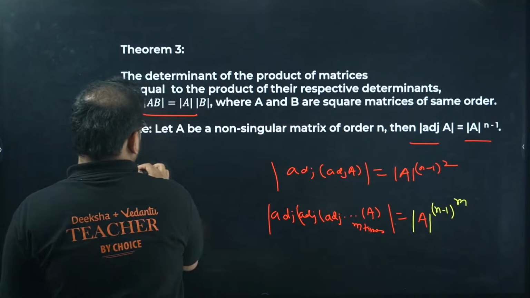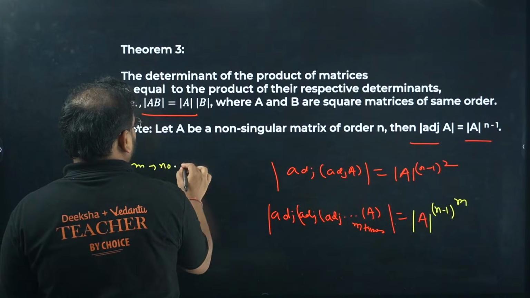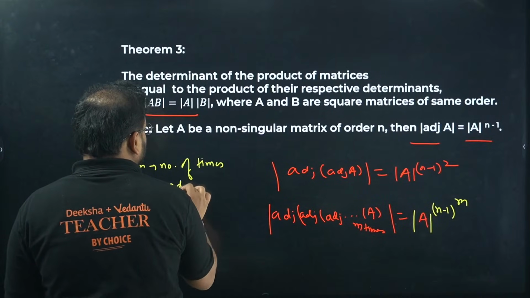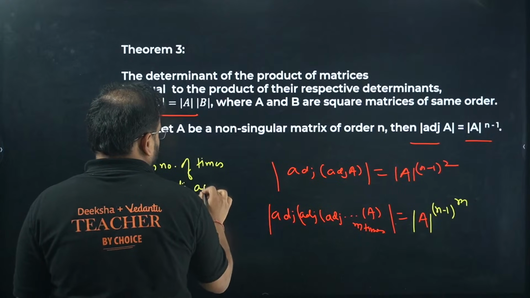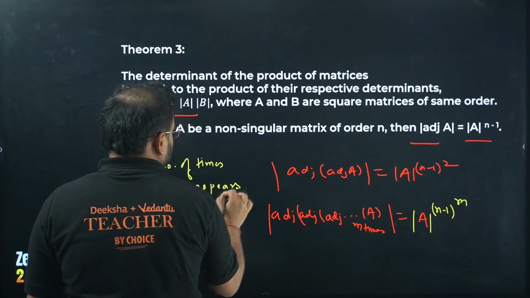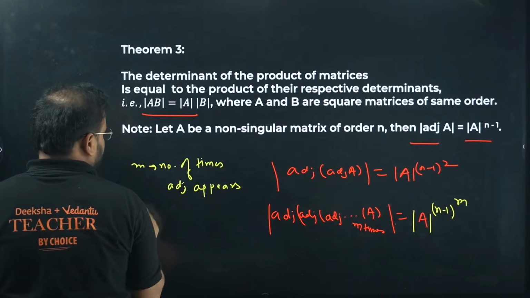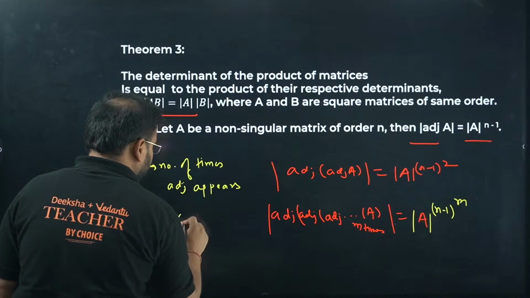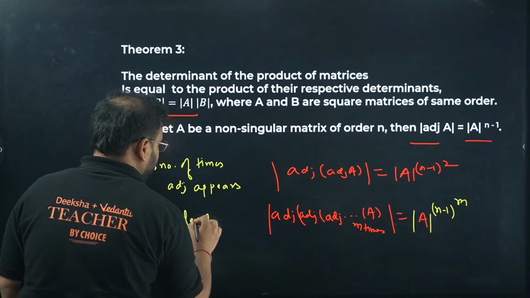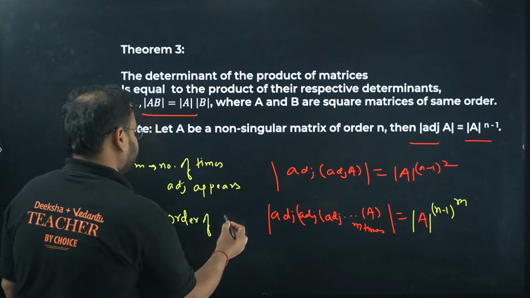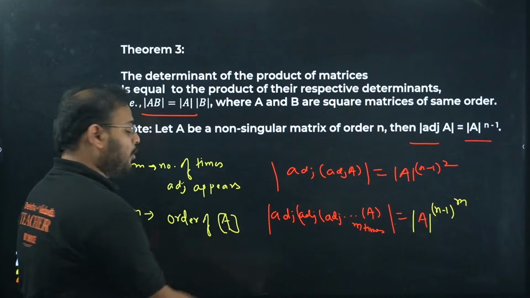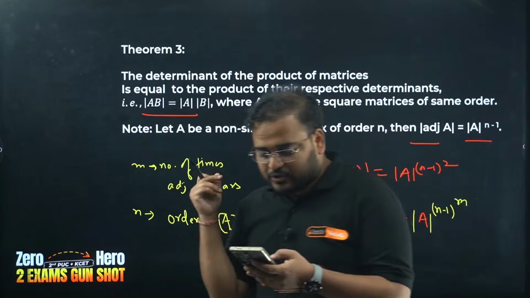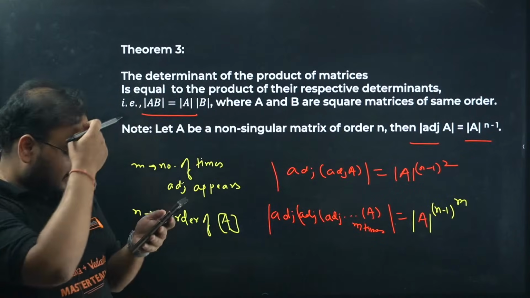Okay, m represents the number of times adjoint appears, whereas n represents the order of the matrix A. Got it? Order of A is the n value, and the power you see over the n minus 1 is your m.